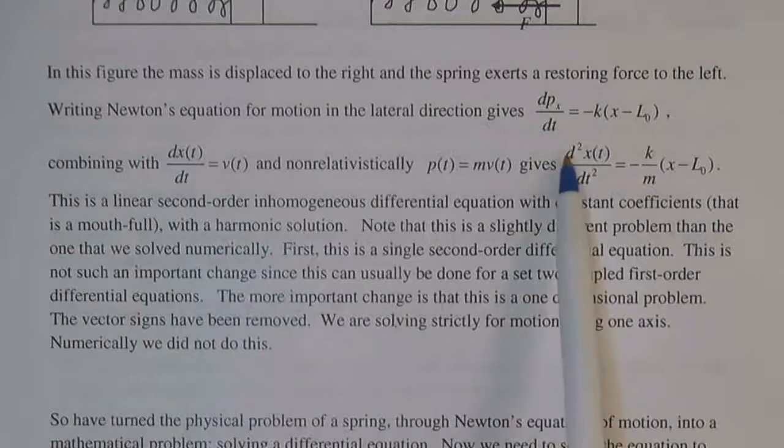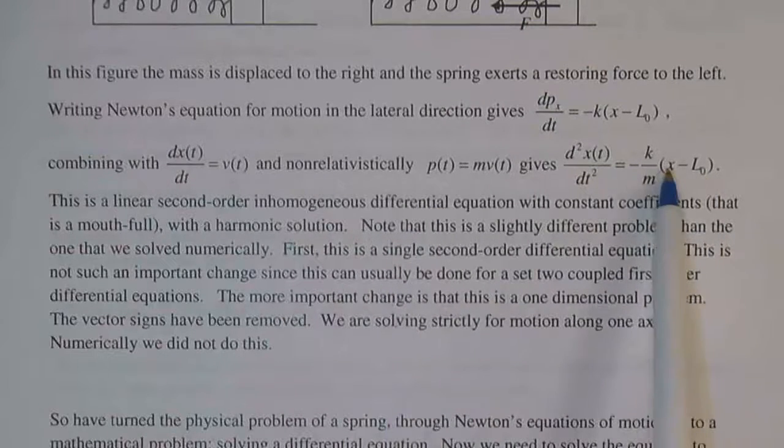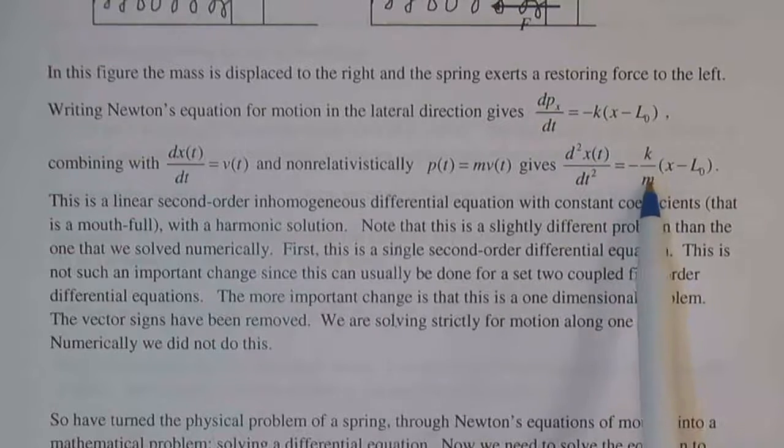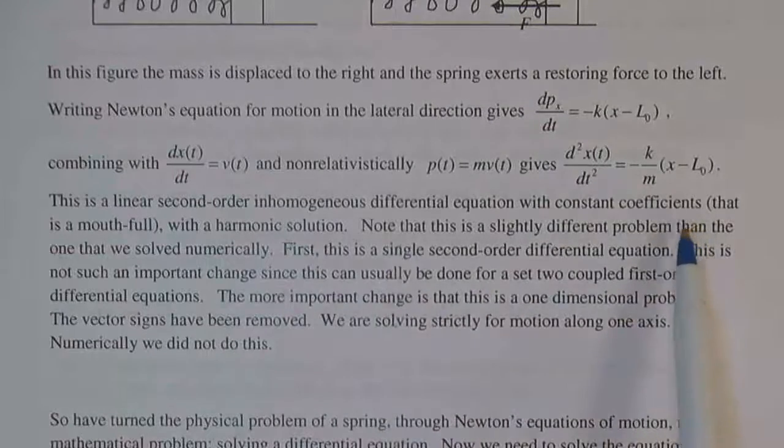It's second order because the time derivative is occurring to the second power, so it's a second derivative. It's an inhomogeneous differential equation because it has a term that's a constant. This term has an x, this term has an x, but k over m times L0 is a constant. That makes it an inhomogeneous differential equation. And it has a harmonic solution, but I'm going to show you that in a bit.